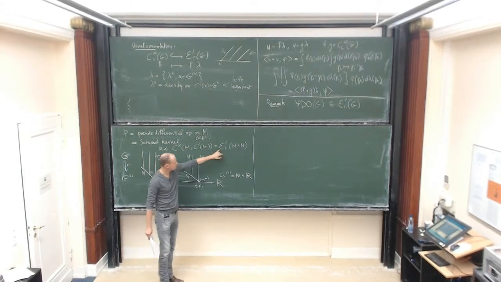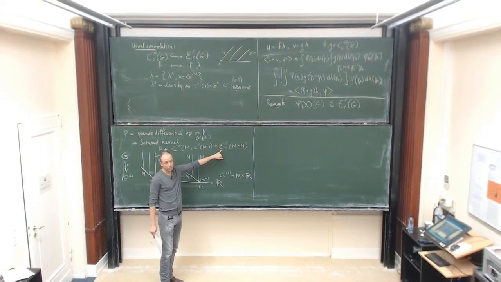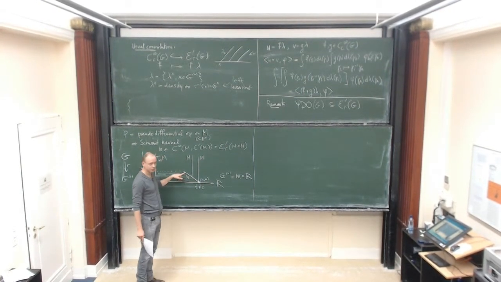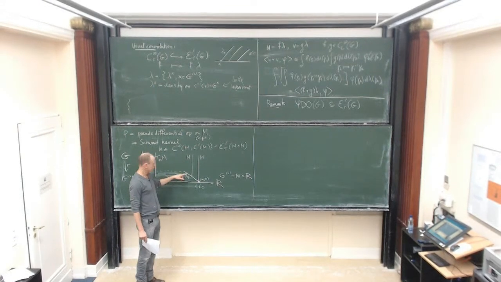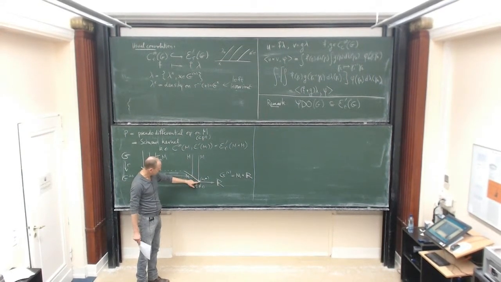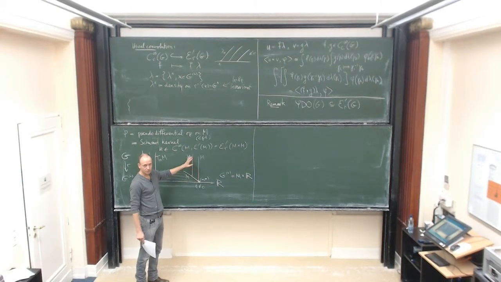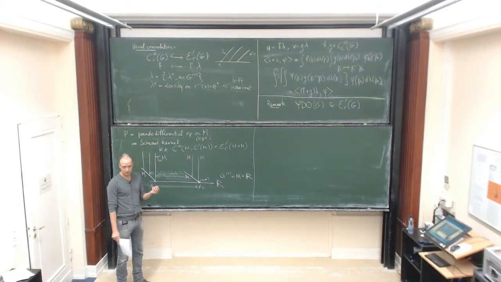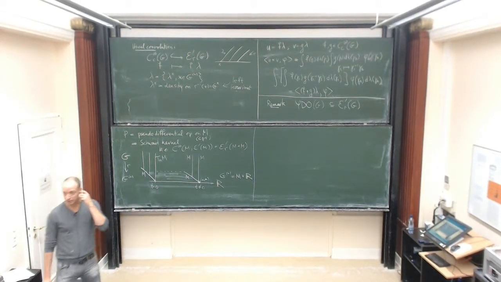It's not just some random family. All the distributional singularities are actually on the diagonal, which means they're here on the unit space of the groupoid. And the distribution away from the unit element is just a smooth function. So it's almost a smooth function, except on the unit space it has a distributional singularity.